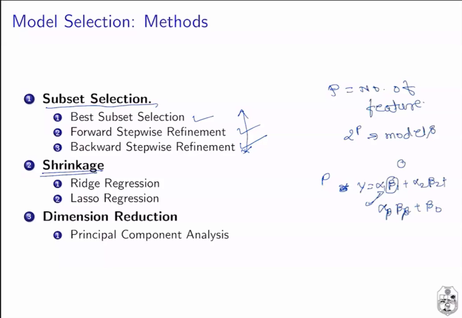I have explained two different shrinkage methods: one is called ridge regression, and the second is called lasso regression.